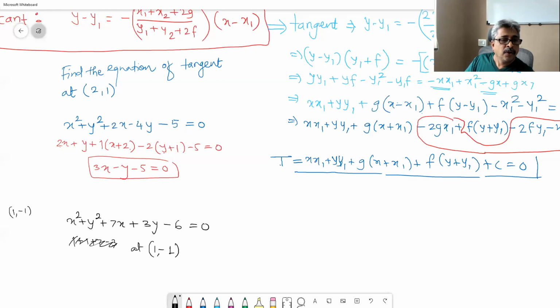Okay, so x1 is 2, y1 is 1, therefore you can use this formula to find the equation of tangent, and it reduces to 3x minus y minus 5 is equal to 0.